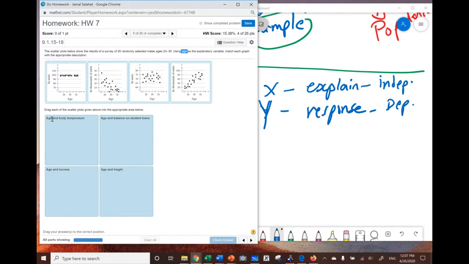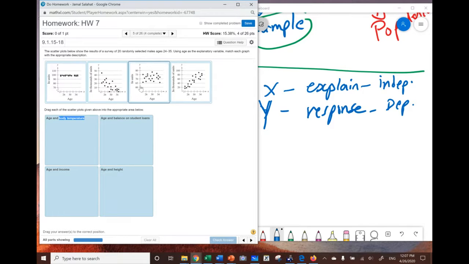This says age and body temperature. So look at the y-axis. Which one represents body temperature? It cannot be the second one because it's in thousands. It cannot be the last one because it's in thousands. So let's look between the first and the third. On the first one, the body temperature is around 100, which is acceptable because it ranges a little bit under 100, around 100.